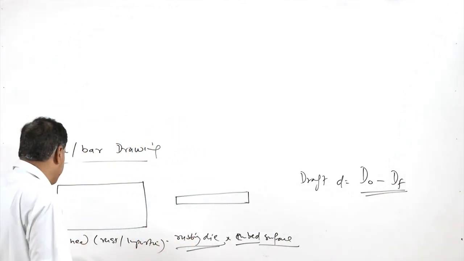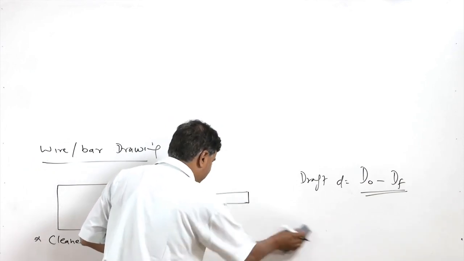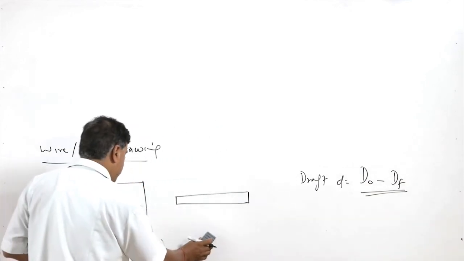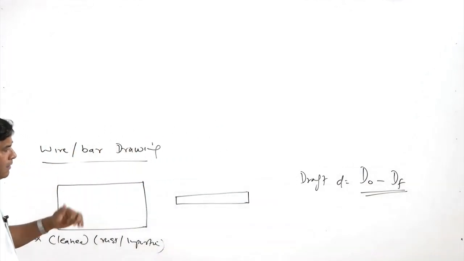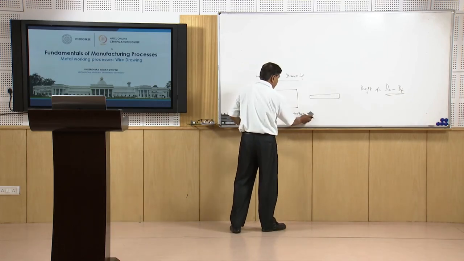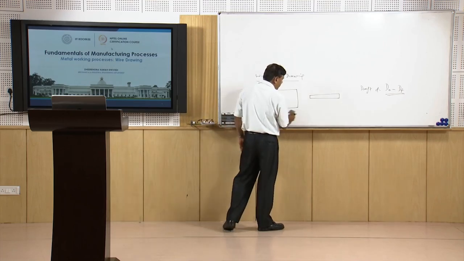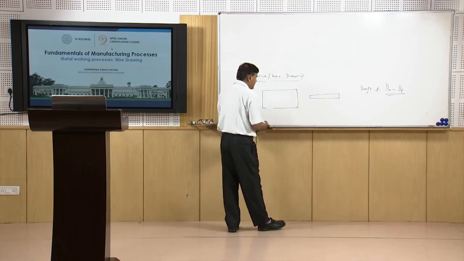So in order to avoid the unnecessary die wear and roughening of the drawn bar or wire, the surface of the bar or the large diameter wire which is to be drawn is cleaned.